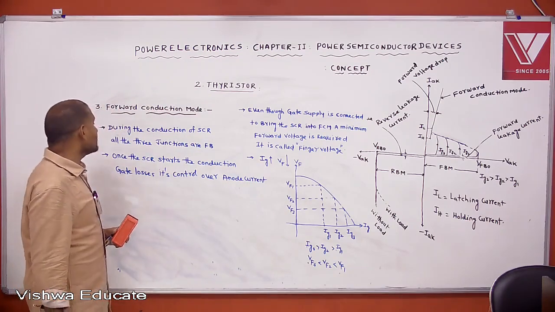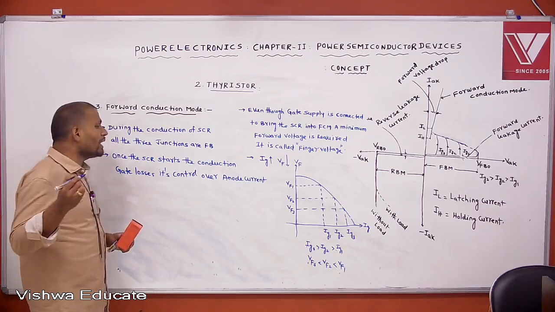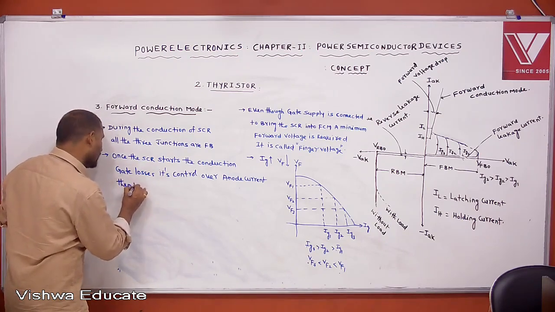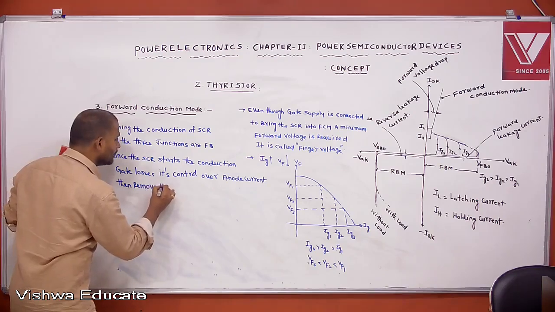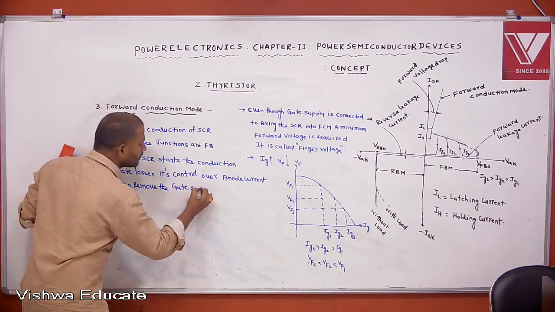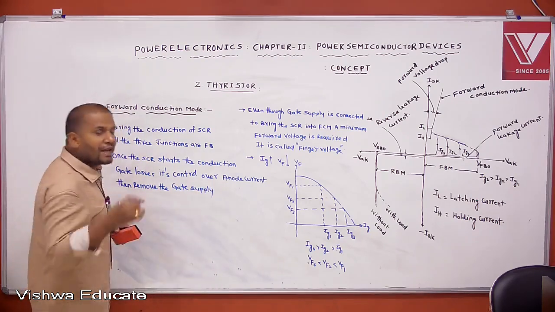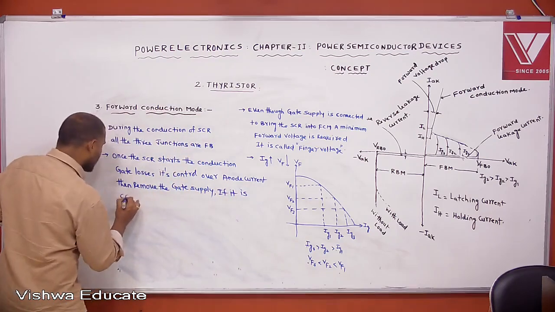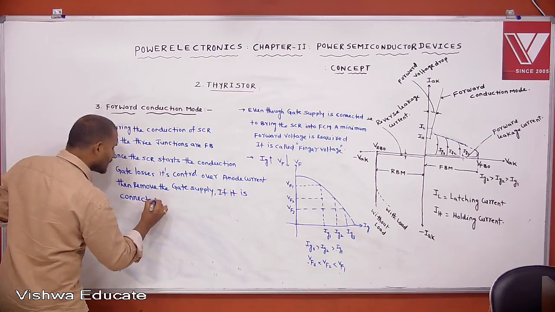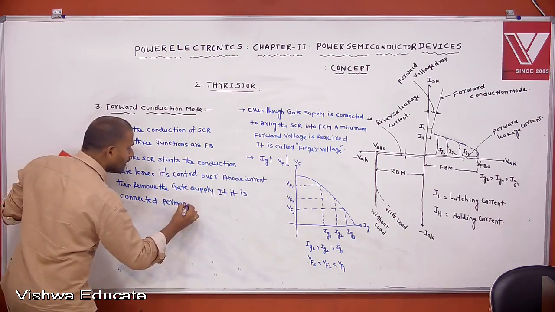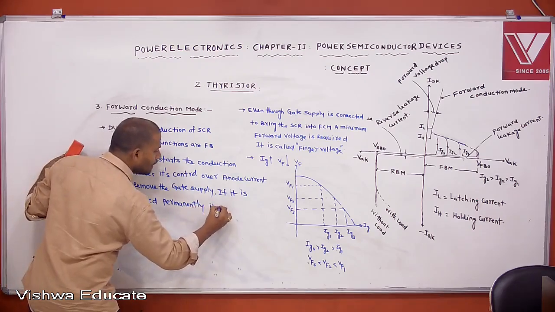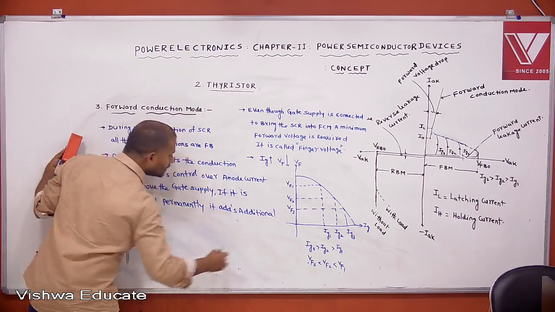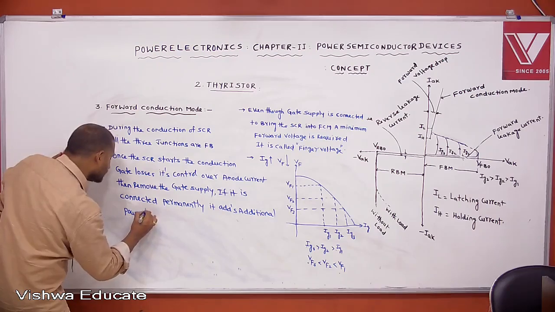That's why when the SCR starts the conduction, the gate loses its control over anode current. Then remove the gate supply. If it is connected permanently, it adds additional power loss. That's the reason why we remove the gate supply.